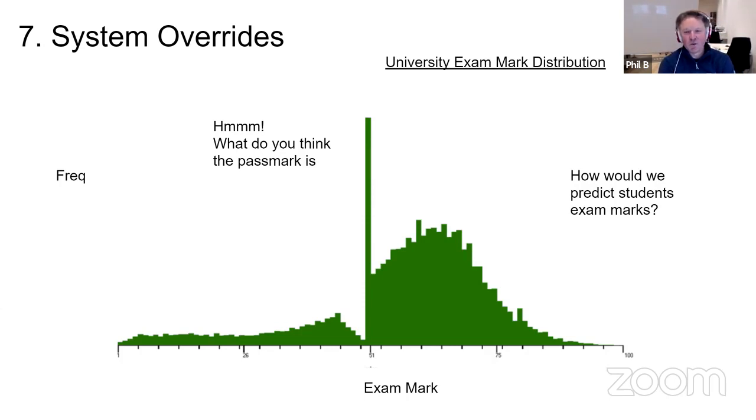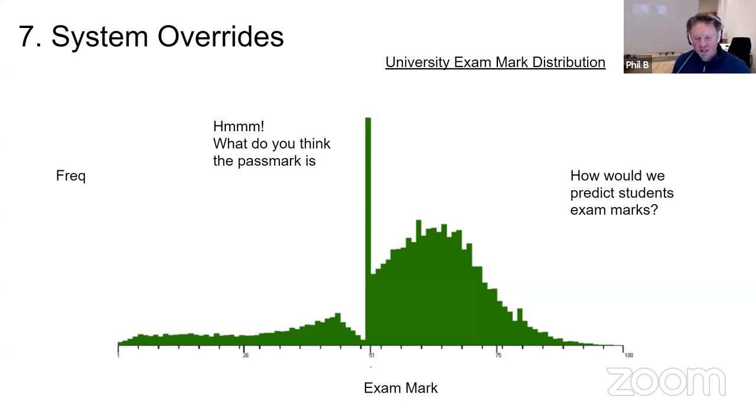Basically the marginal students have had their marks manually overwritten, just so they get the pass mark. From a data perspective, we haven't got their original mark, we've just got the manually overwritten mark.